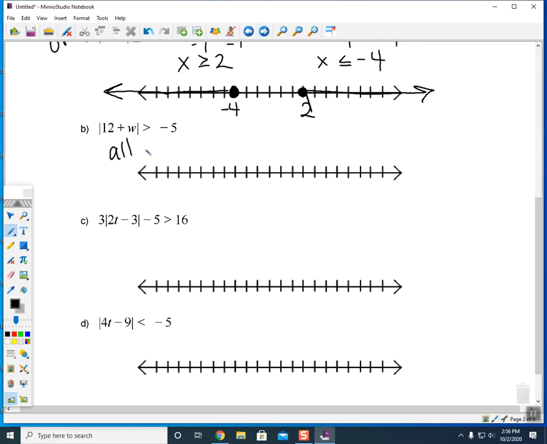All real numbers. In Big Ideas, it'll have you graph this, and if you were to graph all real numbers, it literally just wants you to notice, like, oh, I'm on the whole line. My answers are just the entire number line.